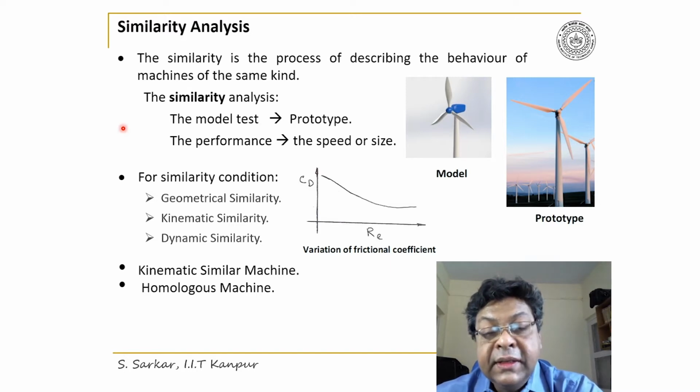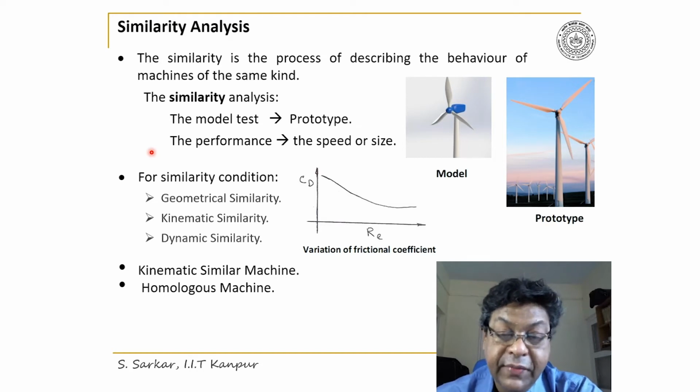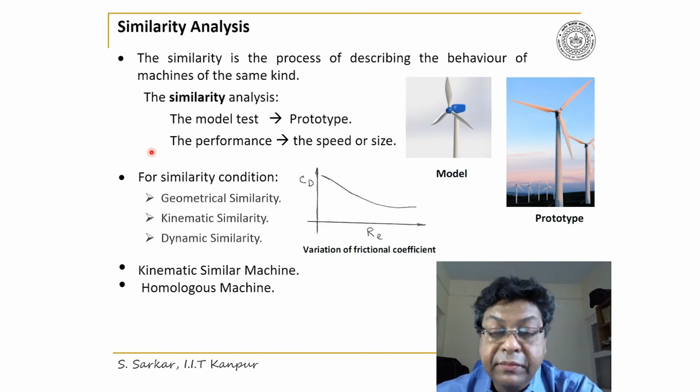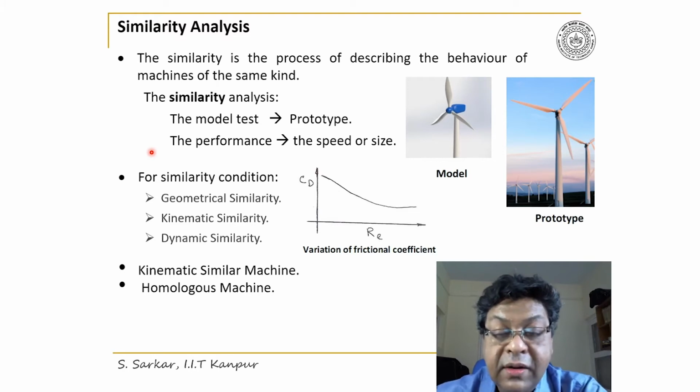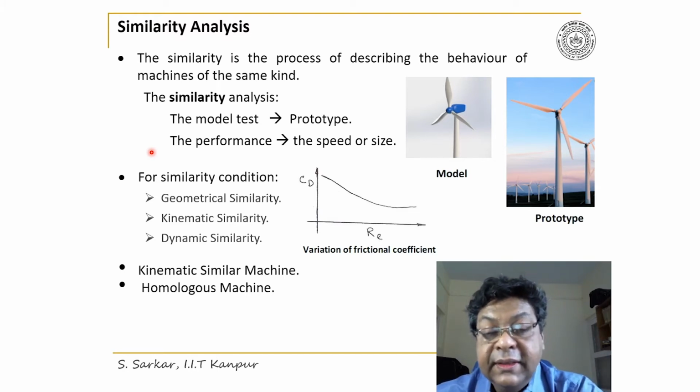Thus, the first point that I would like to make is how can we extrapolate the test result of a model for a prototype? And the second one is, suppose for an established machine, if its speed changes, or if we rescale the machine to design a smaller version, that means its size changes, how would the characteristics change?